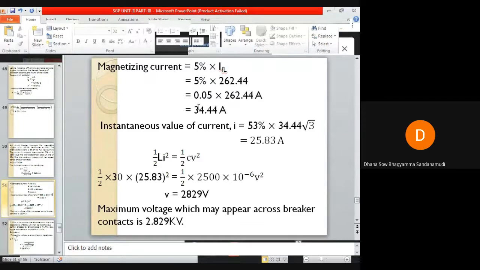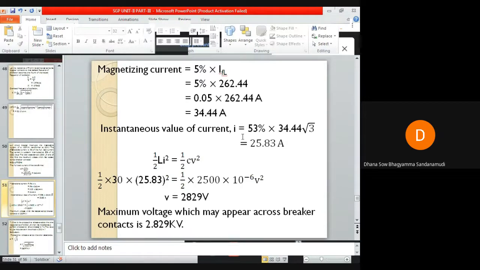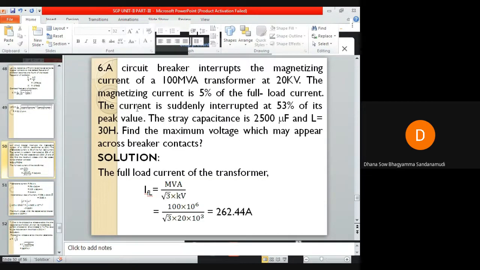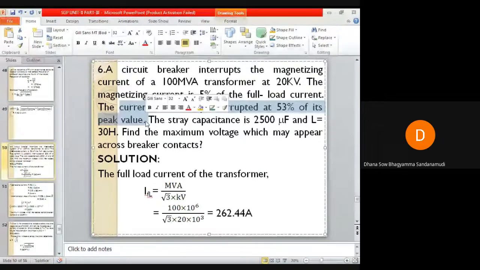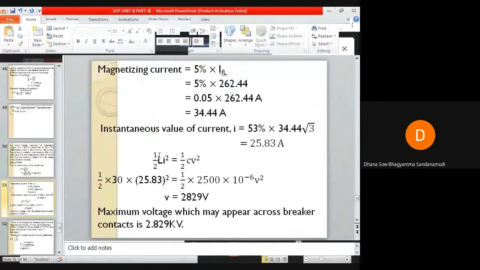You can determine the peak value of this magnetizing current by multiplying with root 3, and the instantaneous value of current at which current chopping has occurred is 53% of the peak value. So 53% means 0.53 into 34.44 root 3. Just multiply it, you will get 25.83.